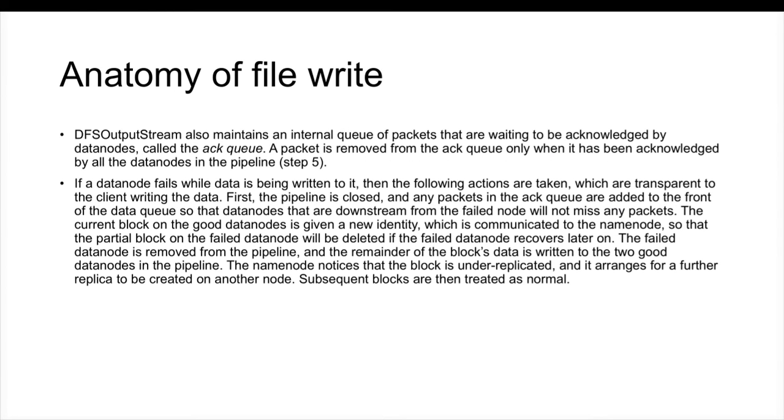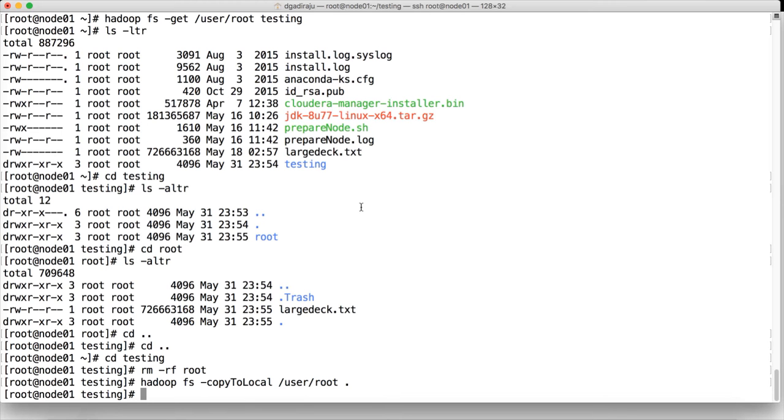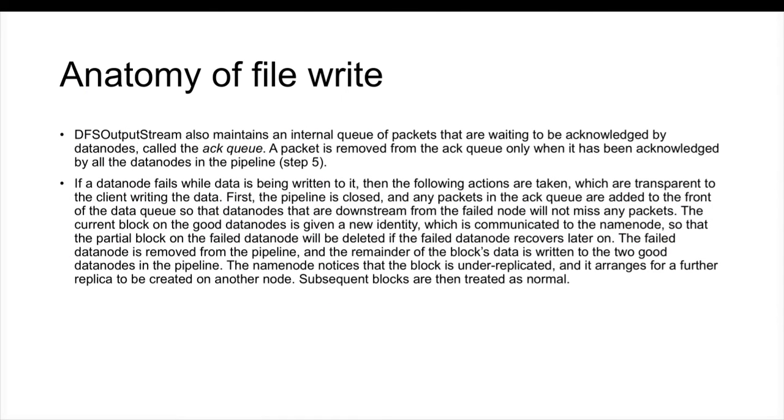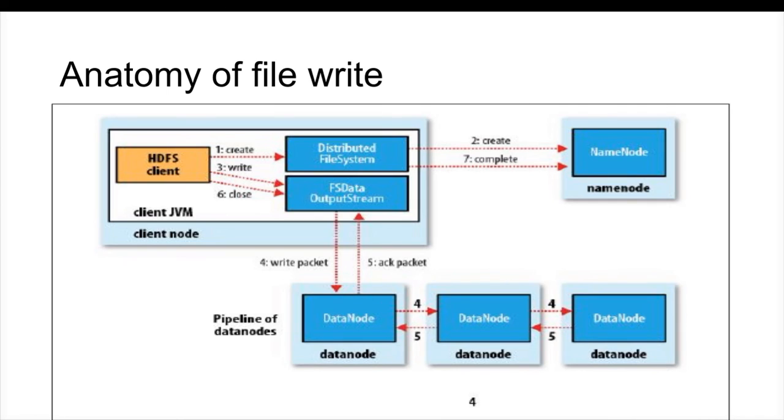If a node fails while data is being written to it, the following actions are taken, which are transparent to the client writing the data. First, the pipeline is closed. For example, if the write to the third data node fails, the data node will try to recopy the block from the beginning to some other data node.